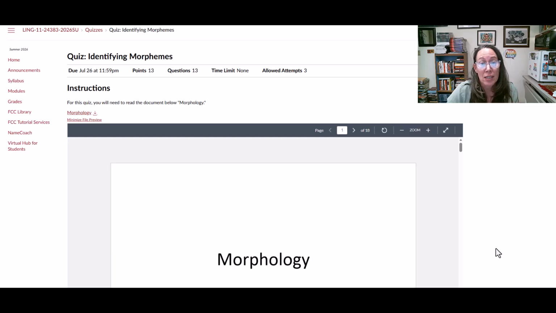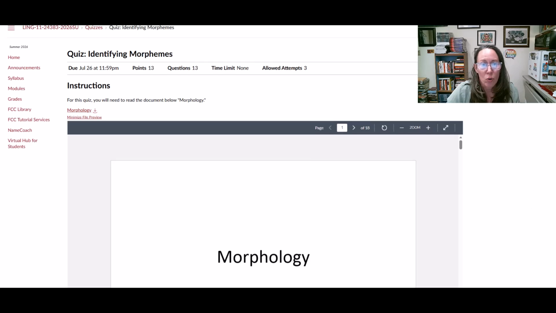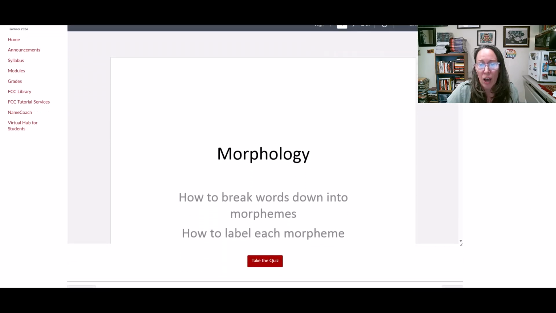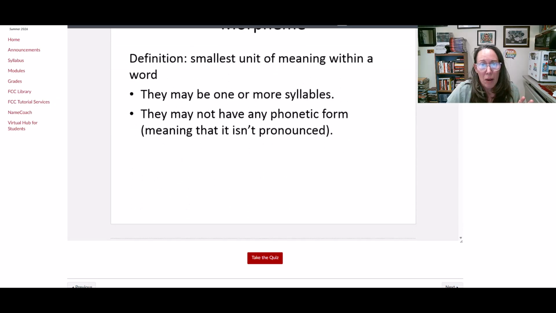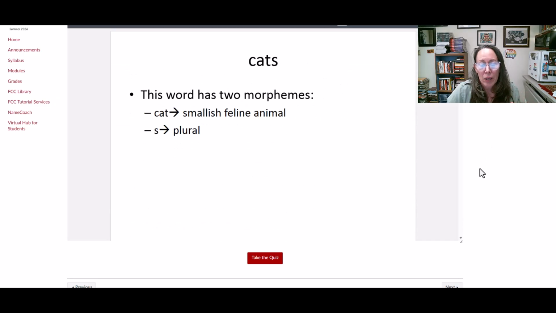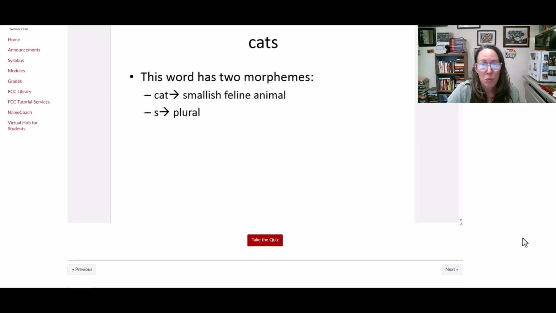And when we break that down, those different parts are called morphemes. So for this one, I've got some slides here. This is a document. It explains all about morphemes, what they are, how we can break them down. And then the quiz asks you about breaking down words into morphemes, or the smallest unit of meanings.